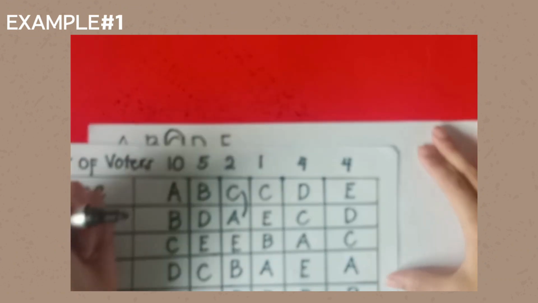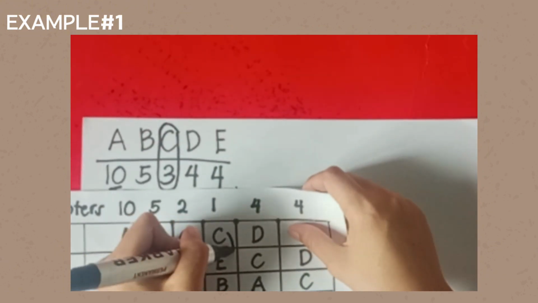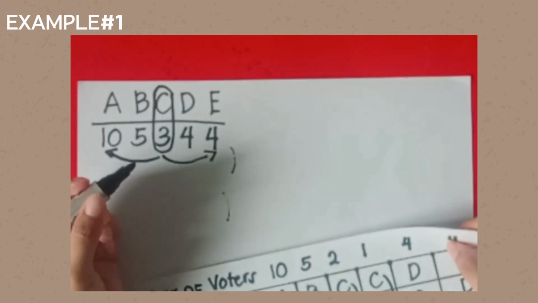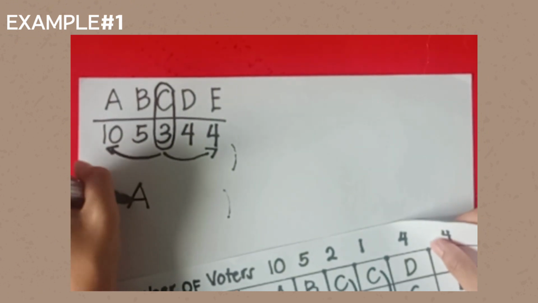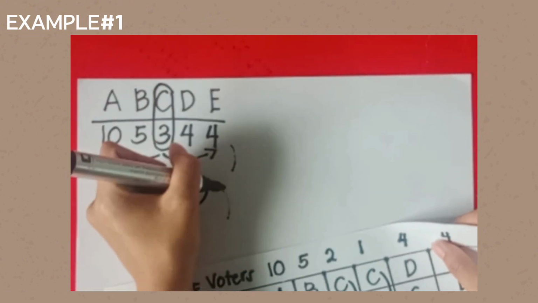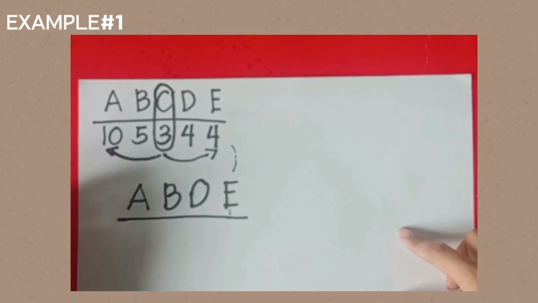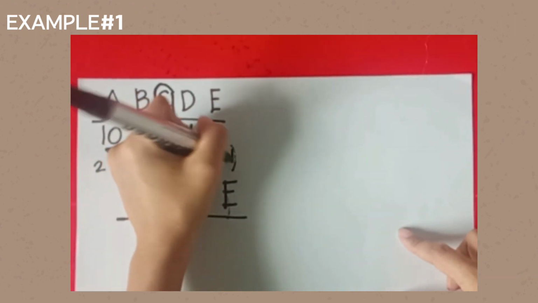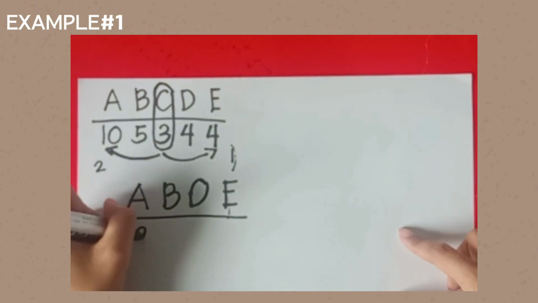So these 2 votes will get passed from C to candidate A, and then one is going to get passed from C down to candidate E. So now we make up our new chart: A, B, C has been eliminated, and we have D and E. A will be added by 2 and E will be added by 1. 10 plus 2 equals 12 first place votes.